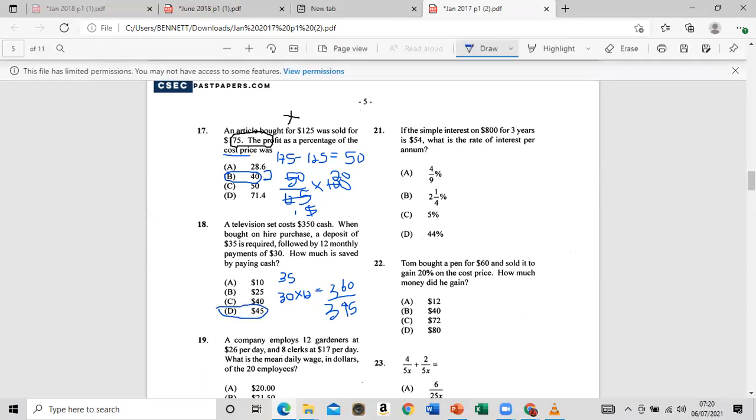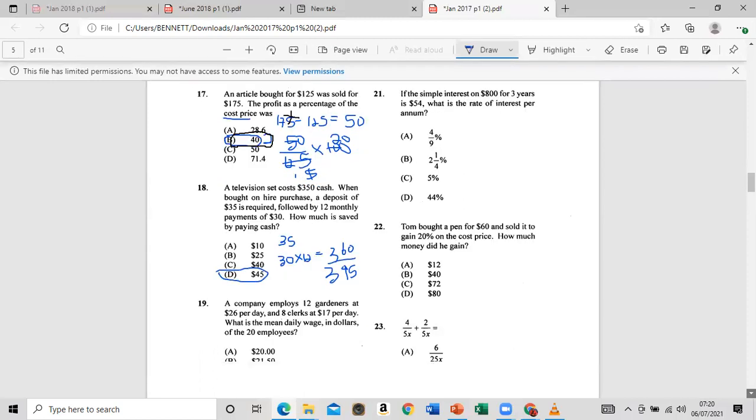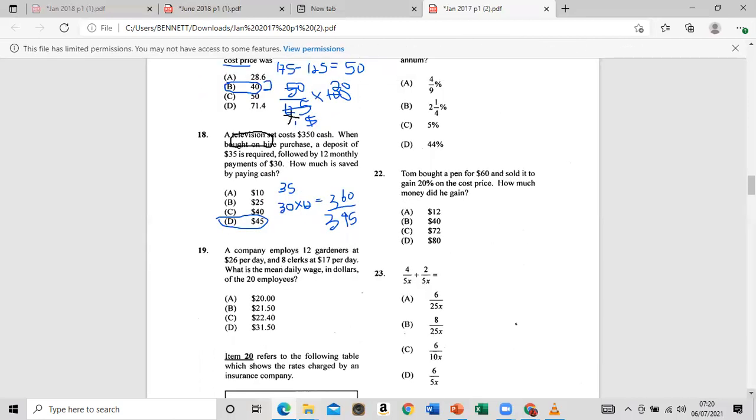Now this one looks nice. A company employs 12 gardeners, at $26 per day, so it's 12. Guys, you can do this in the exam. Just write down the information given. Remember that it's for each. Alright, 17 and 8, so it's 8 by 7.